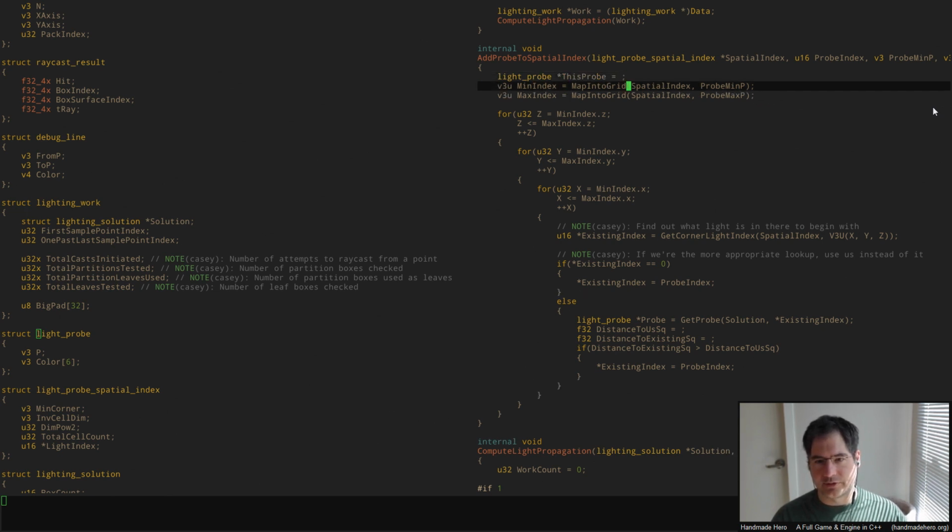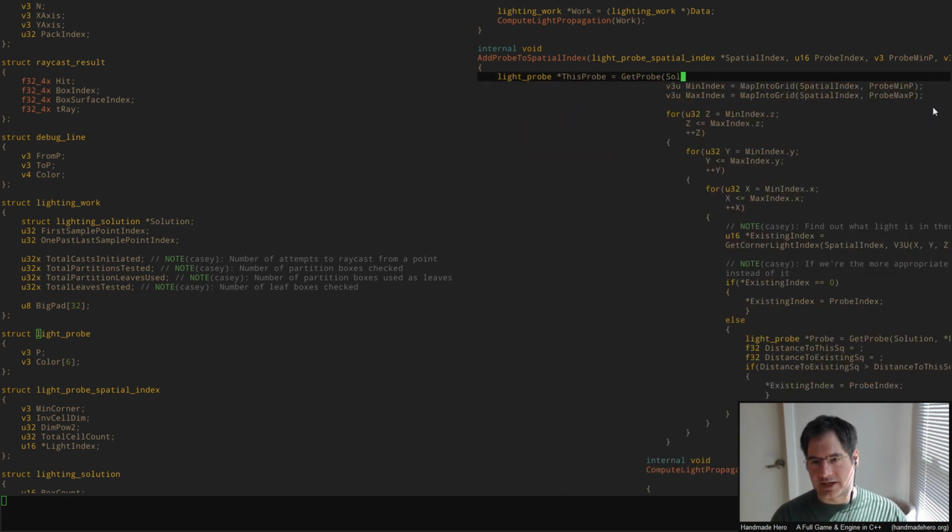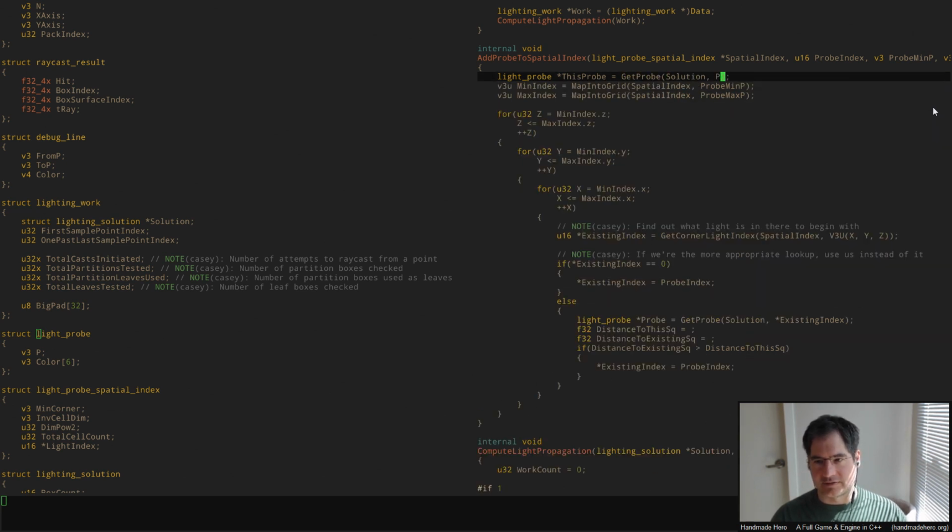So this probe, and maybe I'll call that distance to this. If I was to just do the exact same call for the one that we got out of the system itself, out of the spatial index, if I just do that real quickly and get the probe that we're asked to use here, then this equation would be the same.